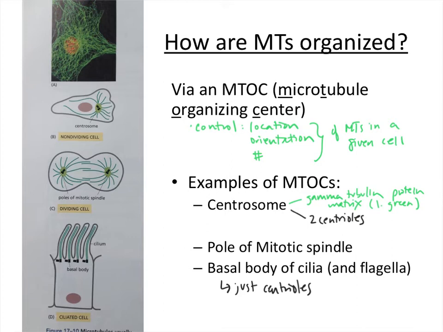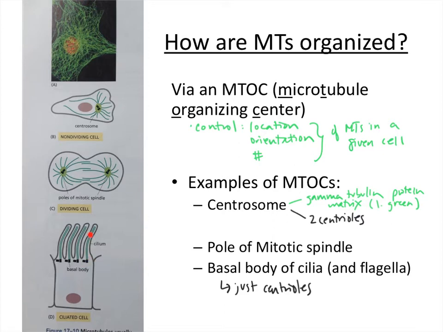Now, I want to point something out, which is that when we talked about intestinal epithelial cells, we also saw these ciliated structures called microvilli, and we highlighted that there was actin found within them. There can be both actin and microtubules within the ciliated structures, such as microvilli. However, they're going to be attached to different things. As you can see here, the microtubules are attached to the basal body.